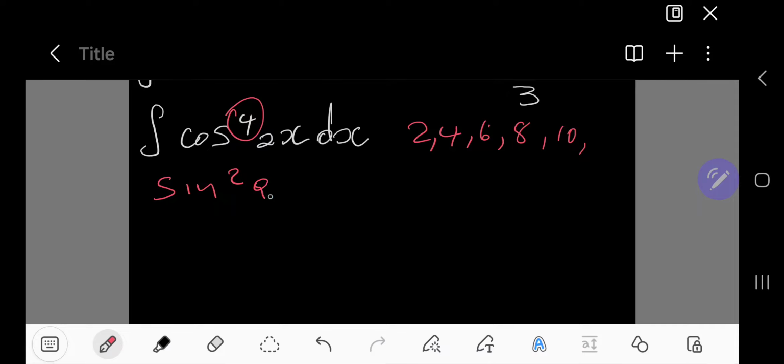Sine squared ax is equal to 1 over 2 minus 1 over 2 cos 2ax.